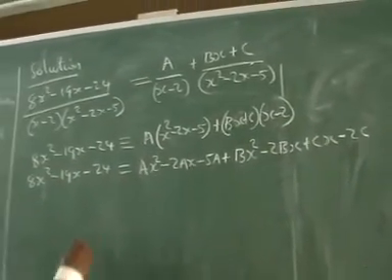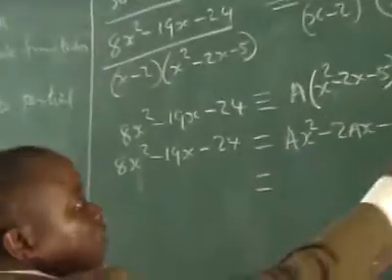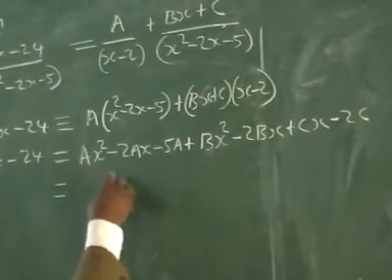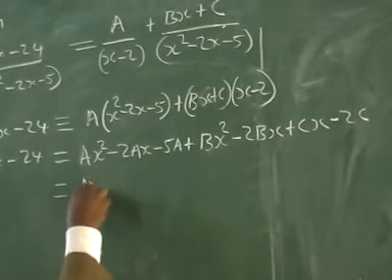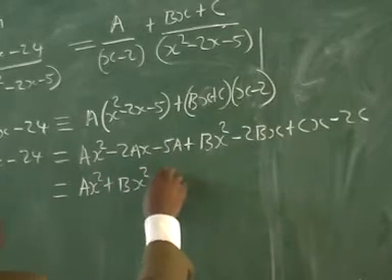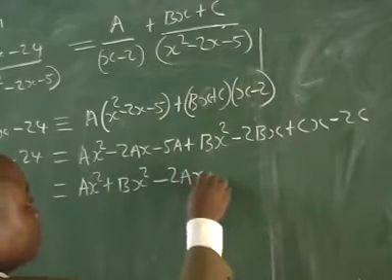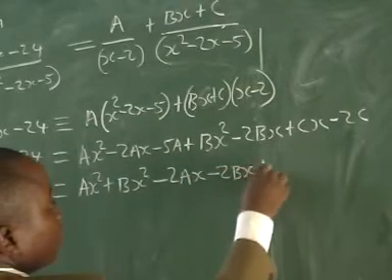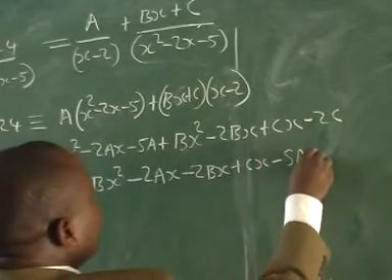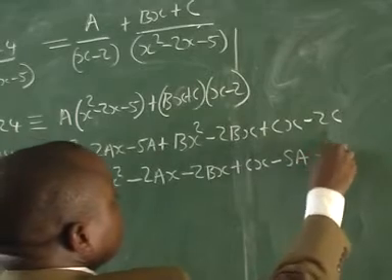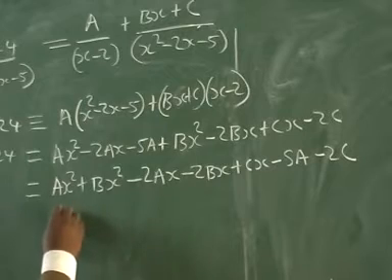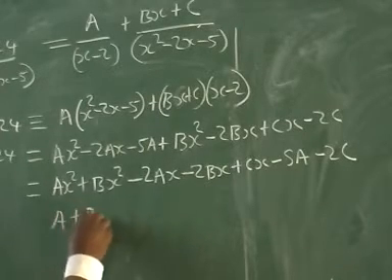Now, we can collect like terms. I carry power 2, so we have ax squared plus bx squared. Now let's deal with the ones that have x: minus 2ax minus 2bx plus cx, then minus 5a minus 2c. So if we do that, we can look for the common term.